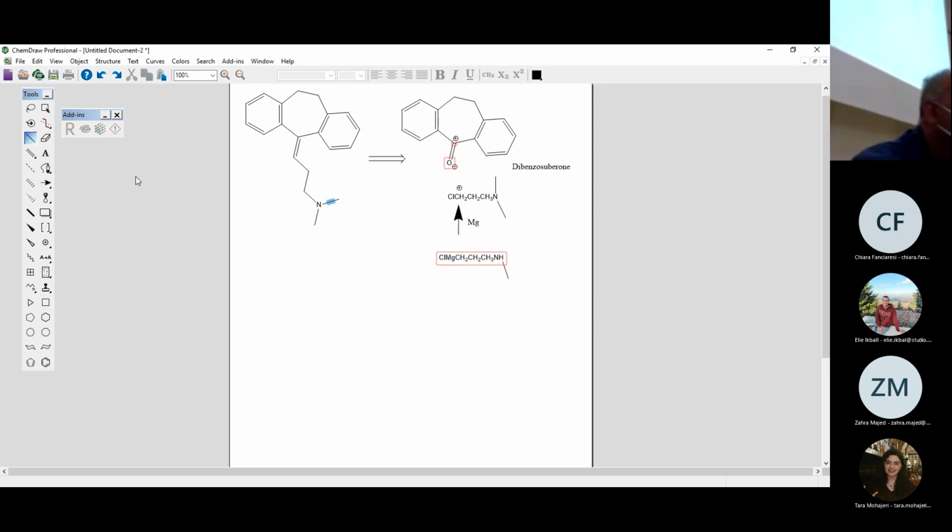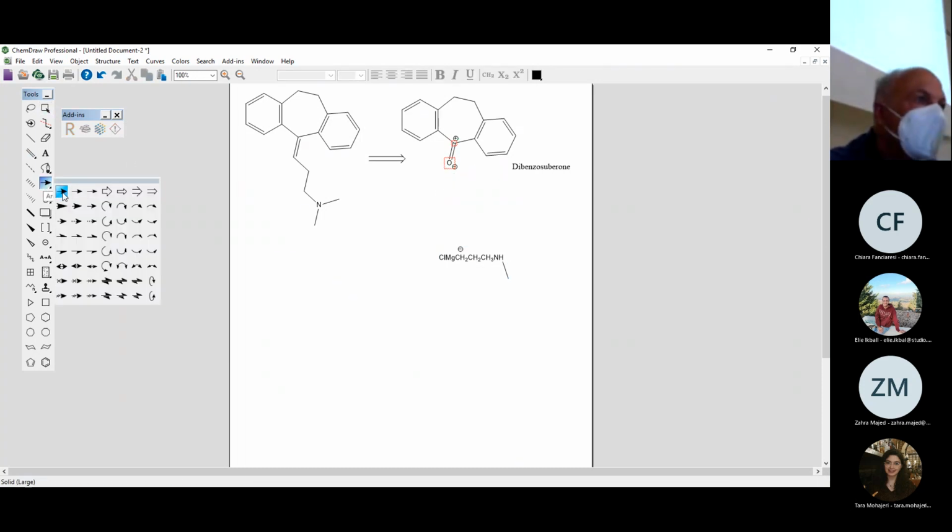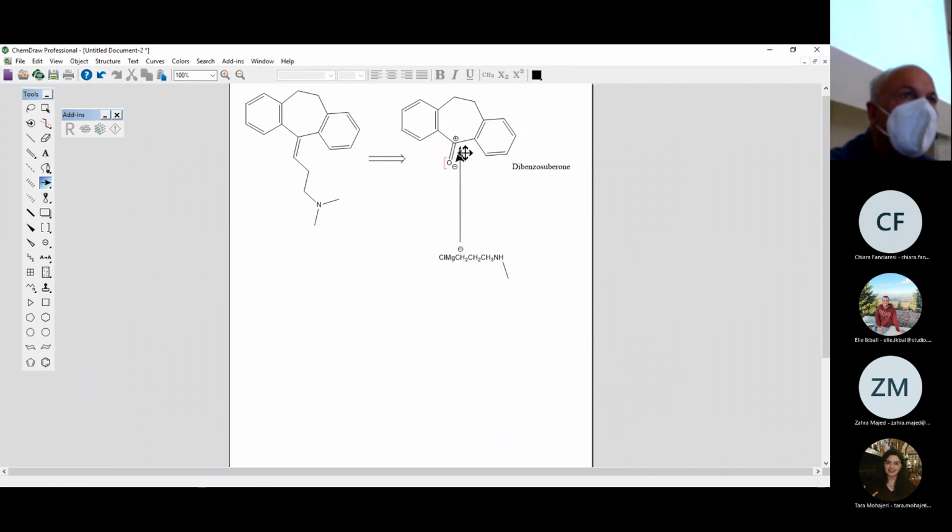And so in this case, the charge of this carbon atom is partial negative. So now, in this condition, we can have an attack on the positive carbon of the ketone to give a tertiary alcohol.